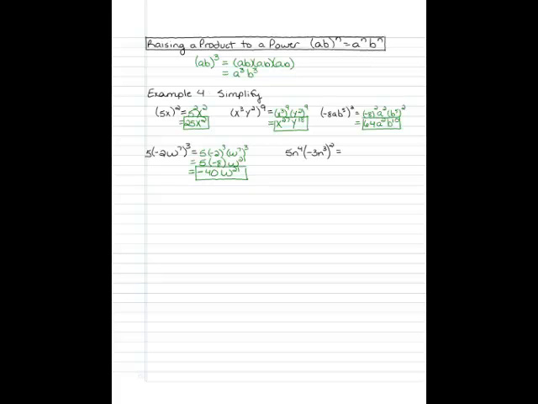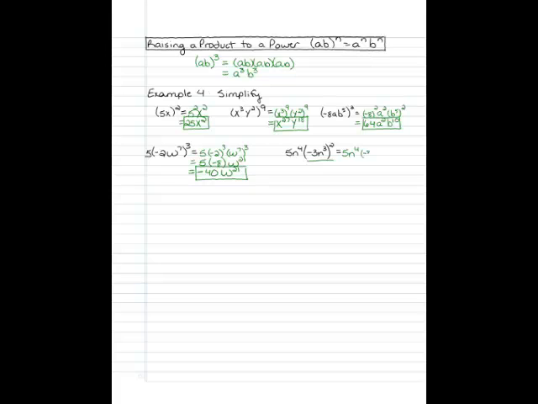Last example, kind of combining everything that we've done so far. Here we have 5n to the 4th times -3n cubed, all that squared. So again, you need to work with the exponent first. So the 5n to the 4th, we're just going to hang on to that, save it for later. Raise everything within the parentheses to the 2nd power.